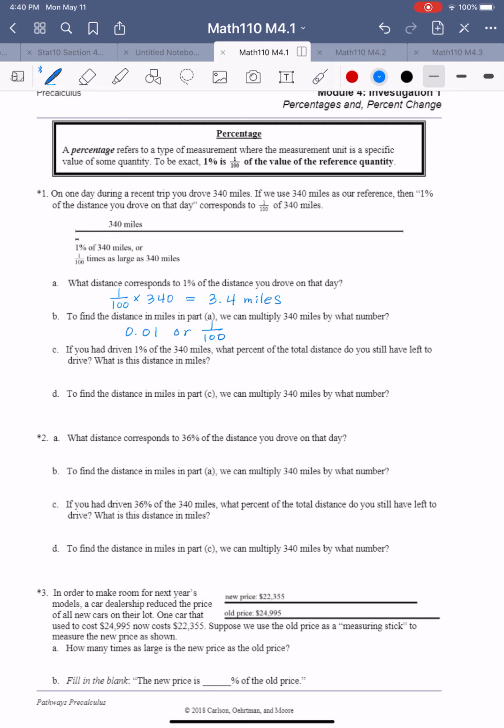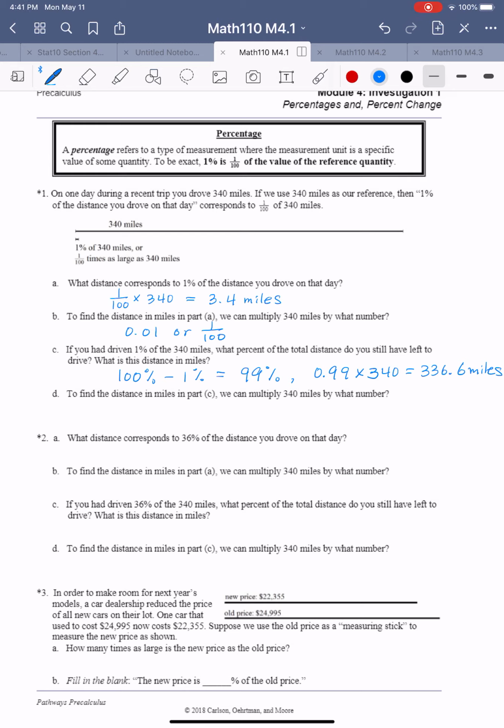You drove only 1%, so from the 100%, take away 1%, which means you still need to go 99% of the distance. That's 0.99 multiplied by 340, and then you get 336.6 miles left.